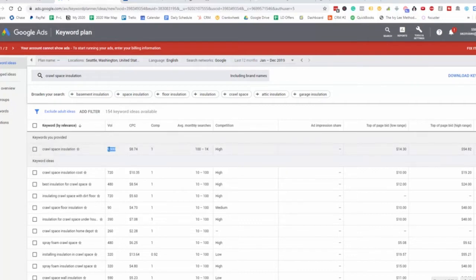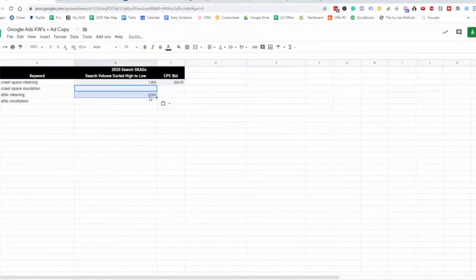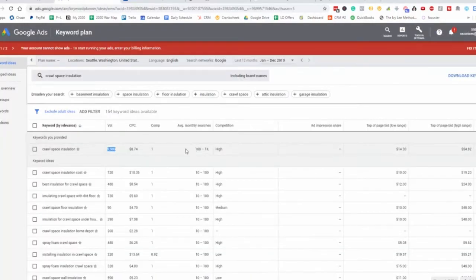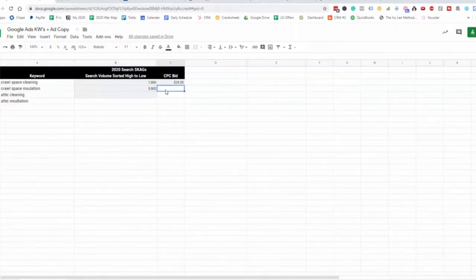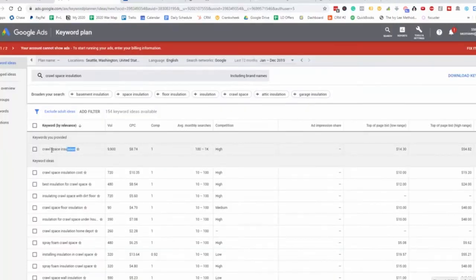Let's copy this here and move that there. Then let's find our cost per click. This one's actually less as far as the cost per click than the cleaning. And within this keyword ad group, we're looking for additional keywords to have under it.